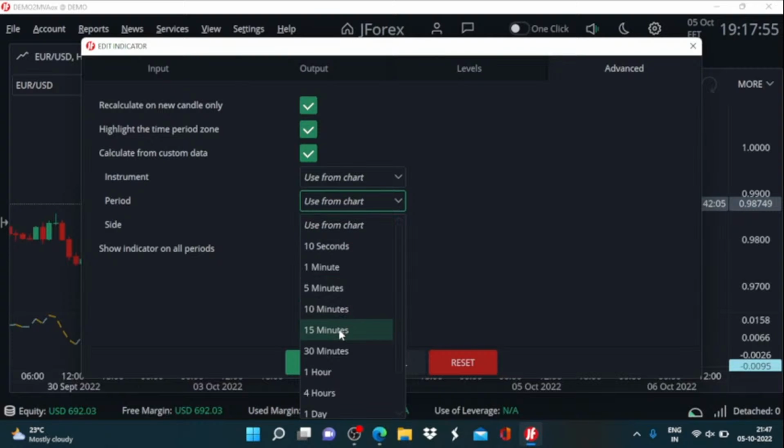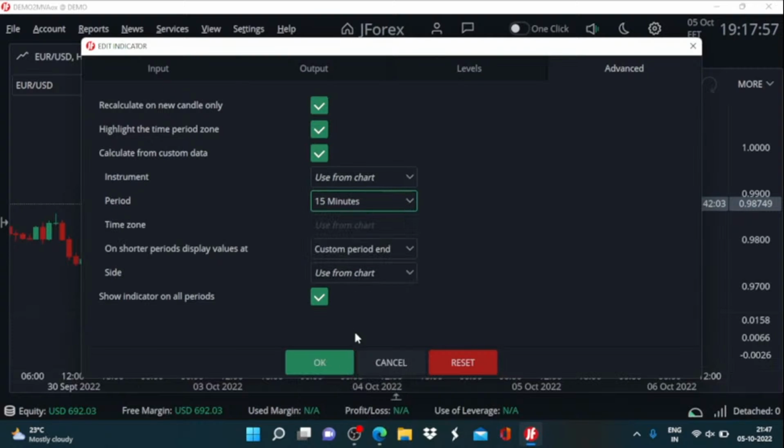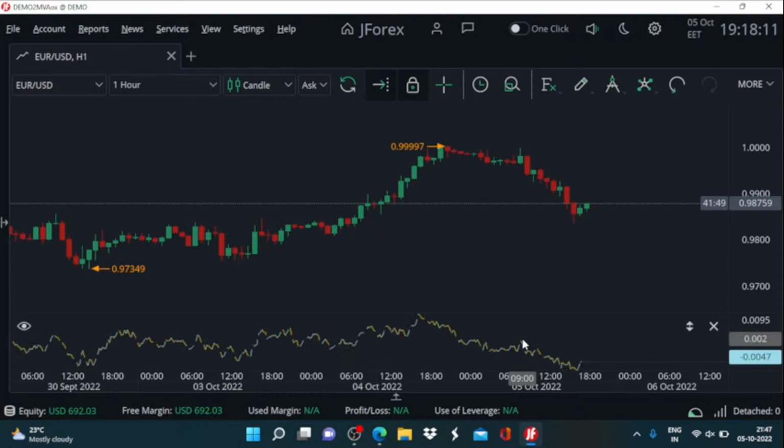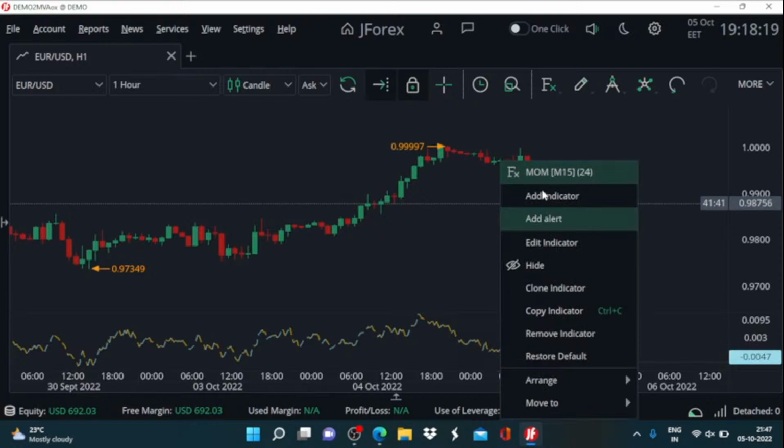But if you want to vary the indicator's candle period from the chart candle period, that can also be done. Here the chart candle period is hourly, but the calculation of this indicator is being done considering the candle period of each candle as 15 minutes. So this is based on lower time frame data, even though the chart is on the higher time frame.